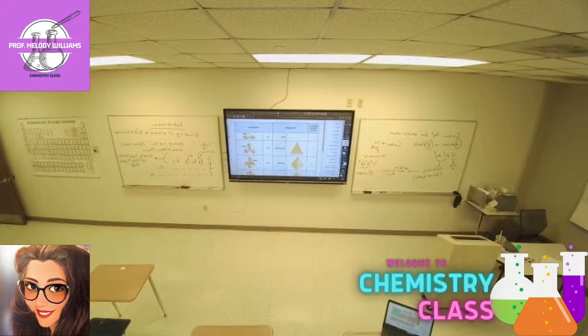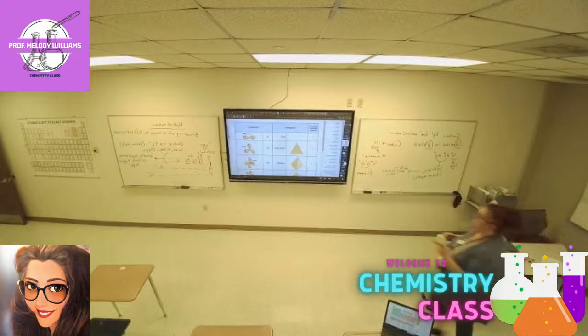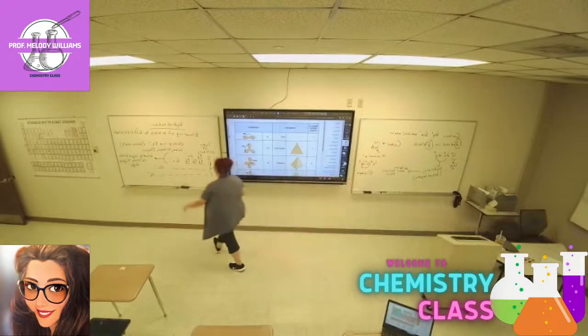So how does that translate to bonding? Well, if I look at carbon like that, this is going to be sp hybridization. I've got one area here and one area here.